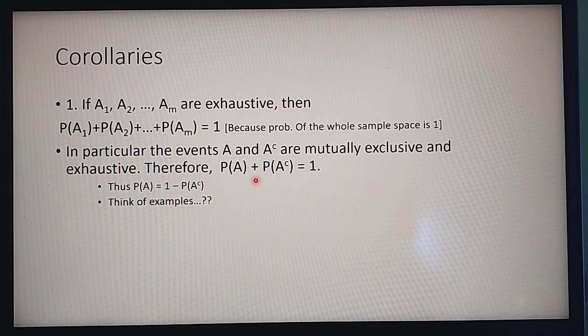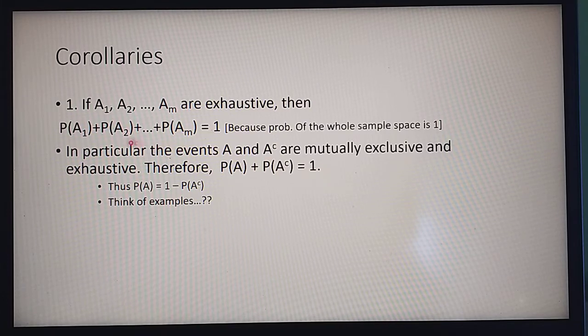Therefore, P(A) plus P(A complement) will be equal to 1 by this. Thus, P(A) is equal to 1 minus P(A complement). There are many examples we can think of regarding which will be A and which will be A complement.